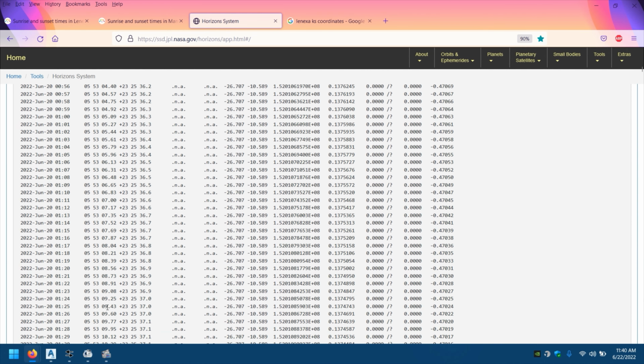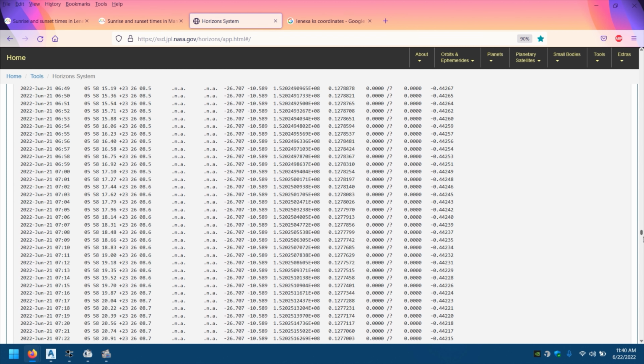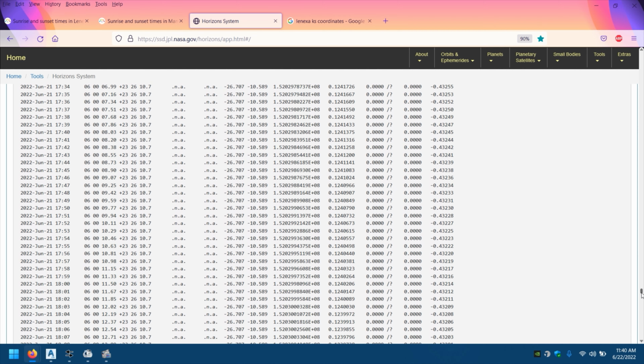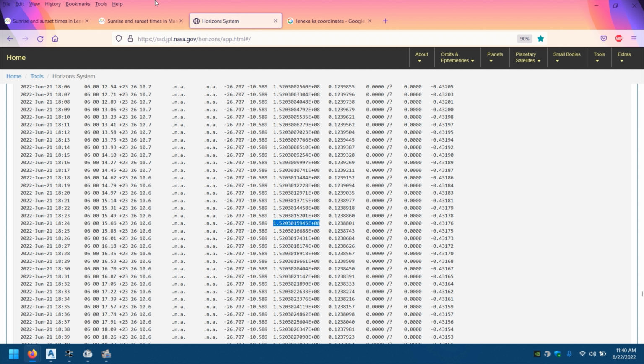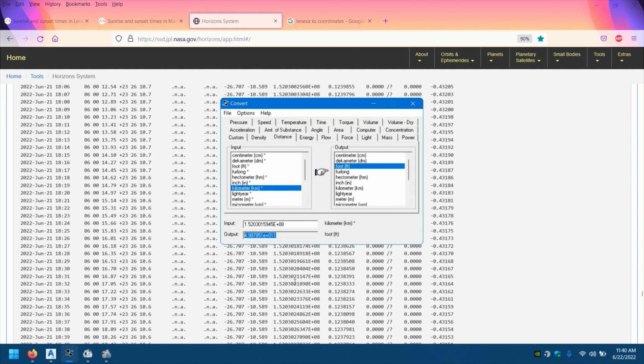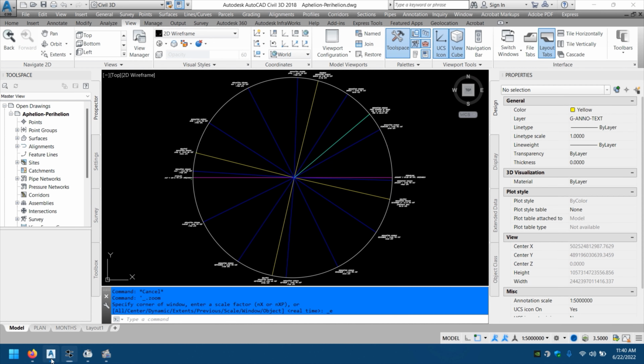Come down to June 21st at 18:24. Right there is the distance from center to center. Now I need to convert that from kilometers to feet, and that's my distance.